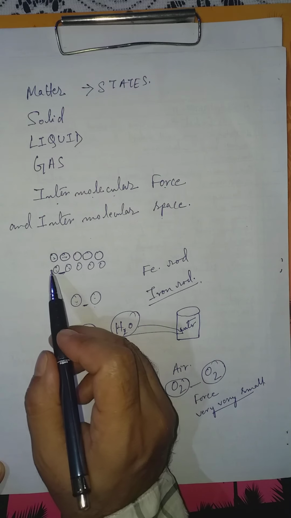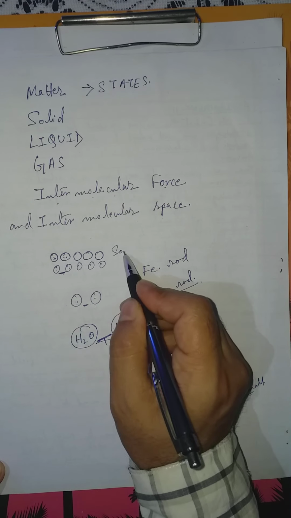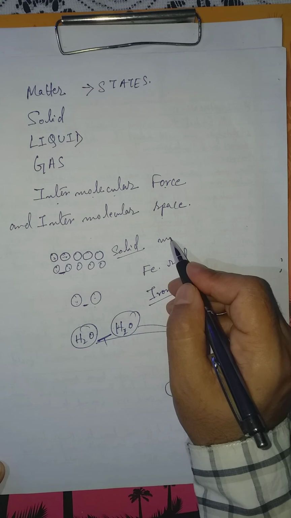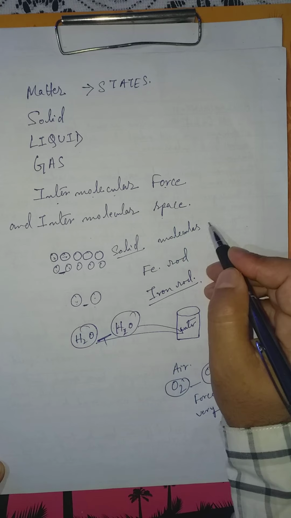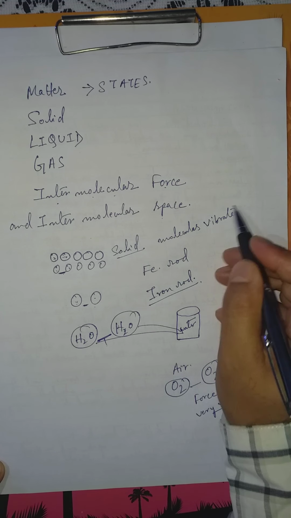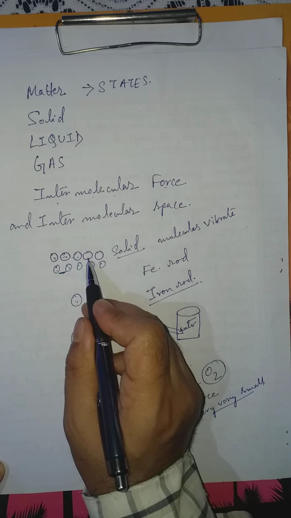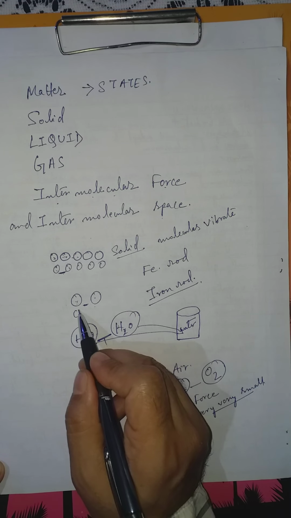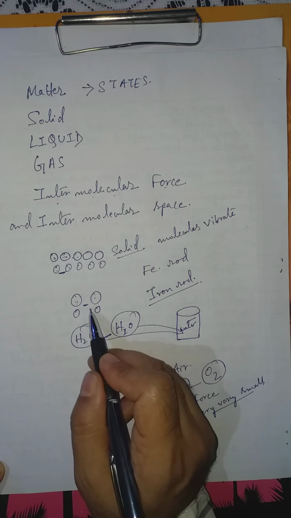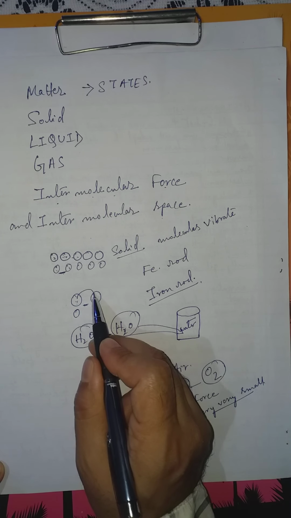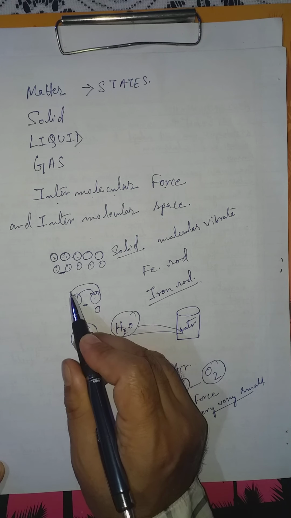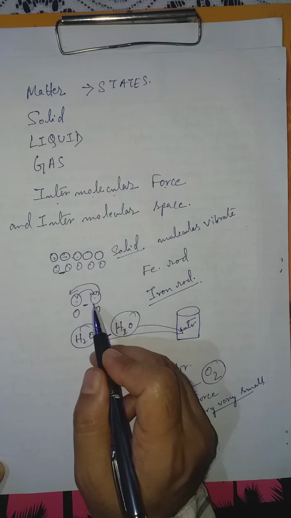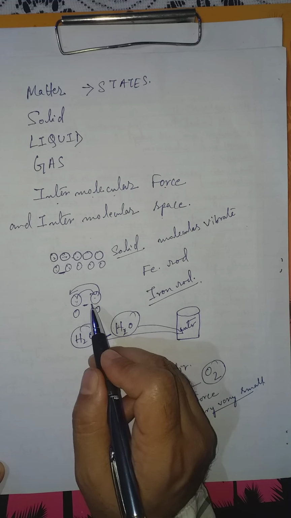In solid, molecules are not moving, they can only vibrate, because each molecule is attracting the others, so it cannot go away. In liquid, the molecules are free to move; this molecule comes to this position and that molecule goes to that position. They change their positions randomly.